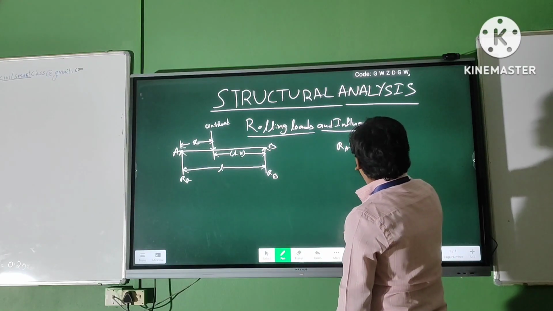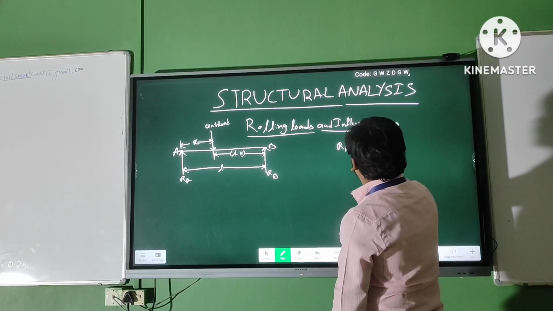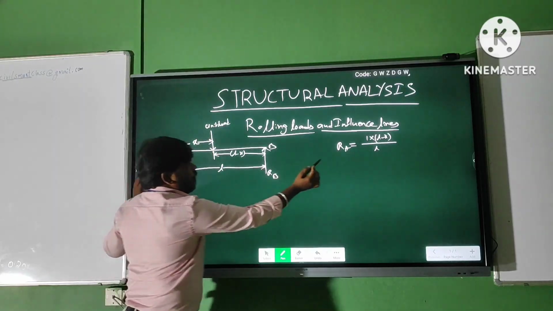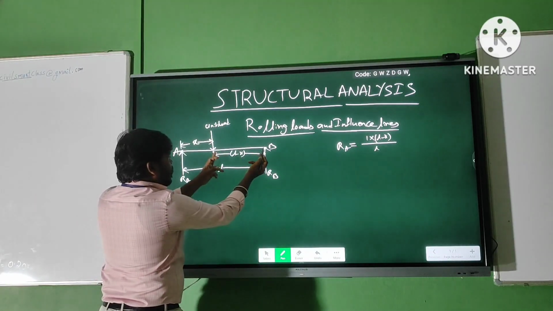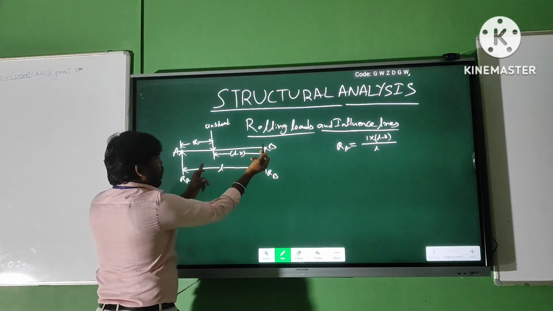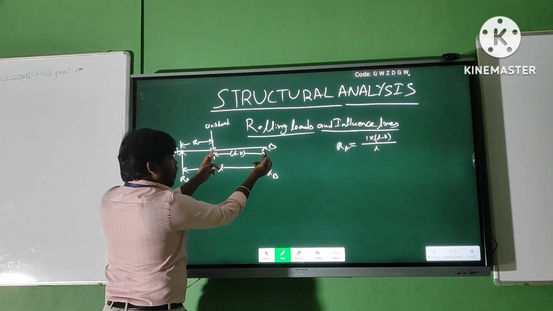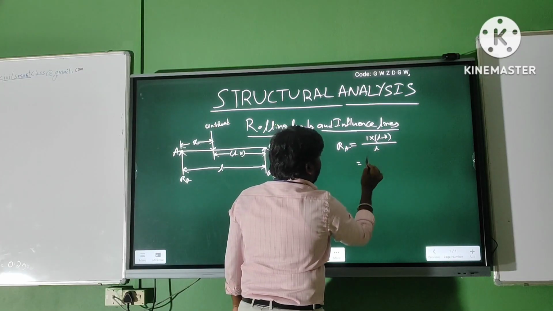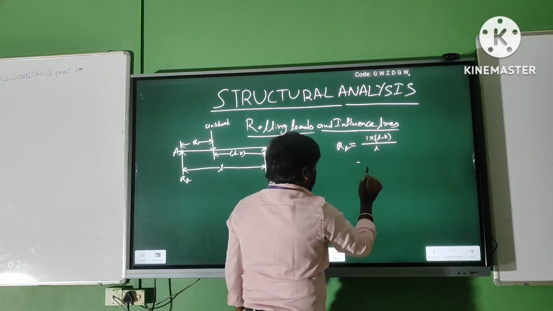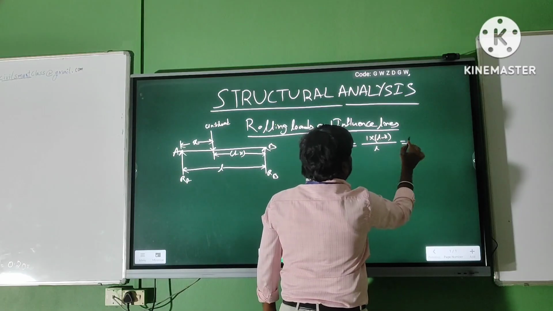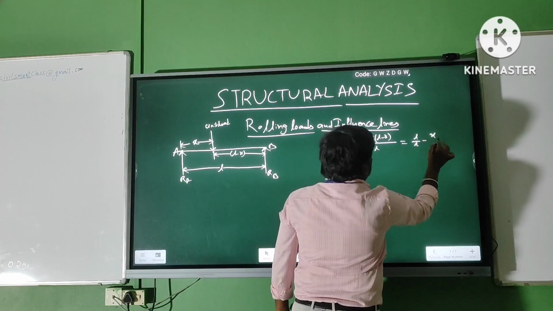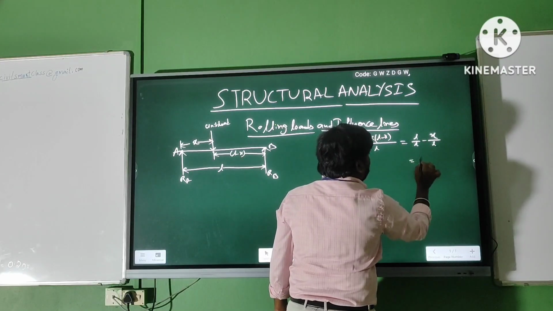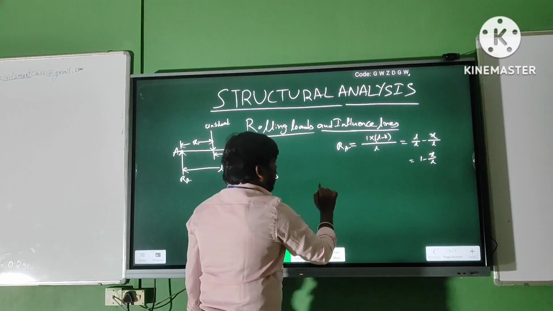I am writing directly: RA equals load 1 kilonewton multiplied by the distance from the load to the opposite support, L minus X, whole divided by L. From this we can write L by L minus X by L, that is, 1 minus X by L is the RA.